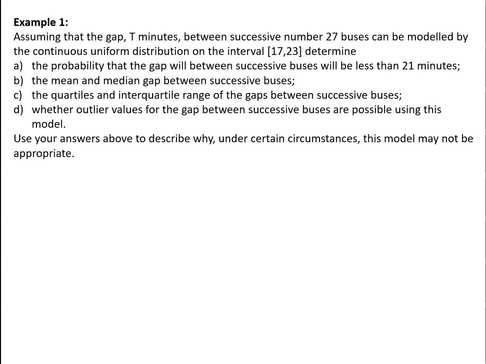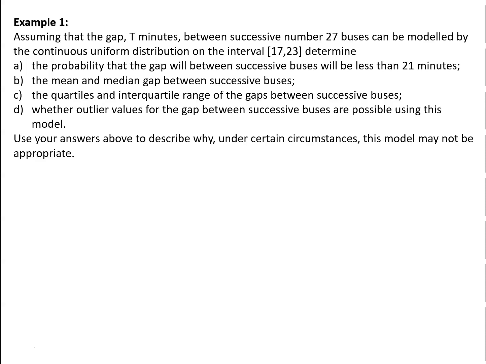So assuming that this is the case and that we can model the gap between successive number 27 buses by the continuous uniform distribution over the interval 17 to 23, we're going to calculate the probability the gap between successive buses will be less than 21 minutes. We're going to find the mean and median gap between successive buses.